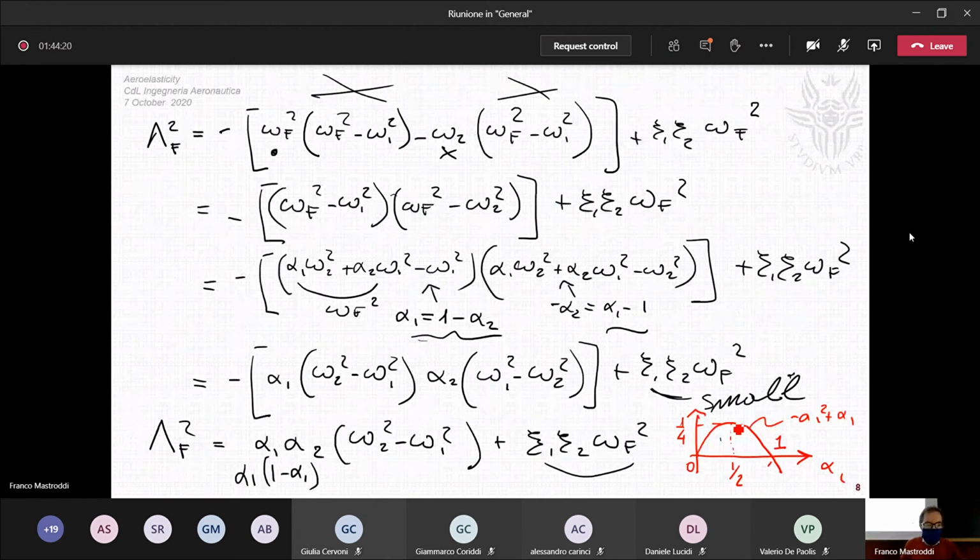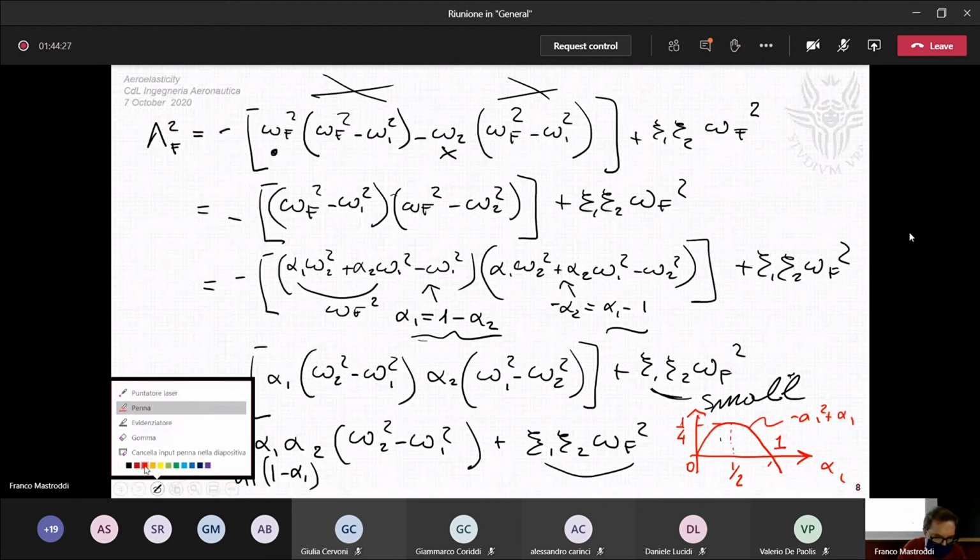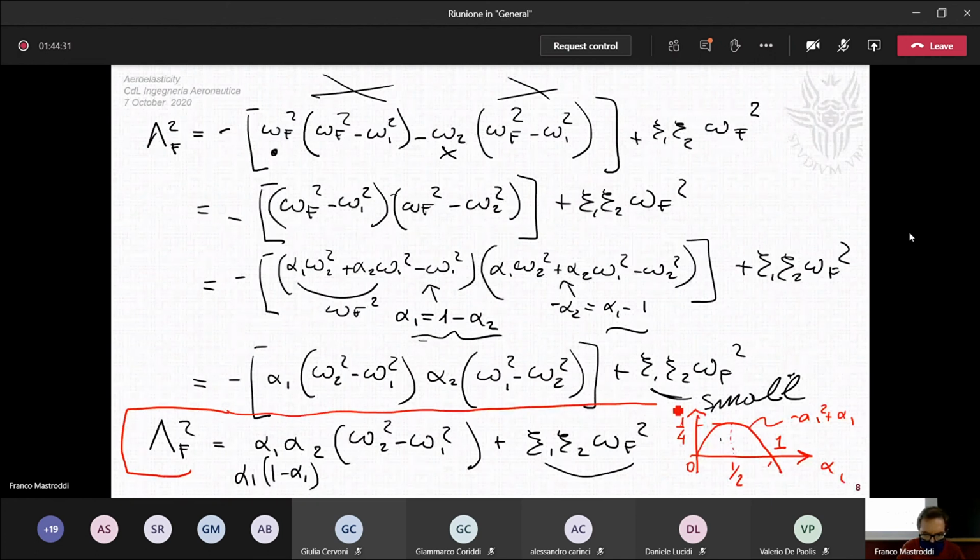The square of the flutter limit is given by, mainly dependent on this first quantity, and here a secondary quantity here. This first quantity is maximum if alpha 1 is equal to alpha 2 is equal to 1/2.